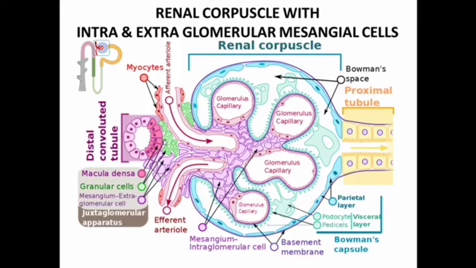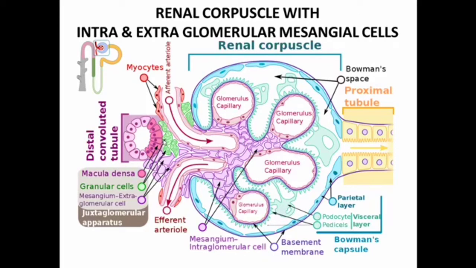Once angiotensin 2 is formed, it is a potent vasoconstrictor, so it increases the blood pressure on one side. Then it also stimulates the adrenal cortex to produce aldosterone.